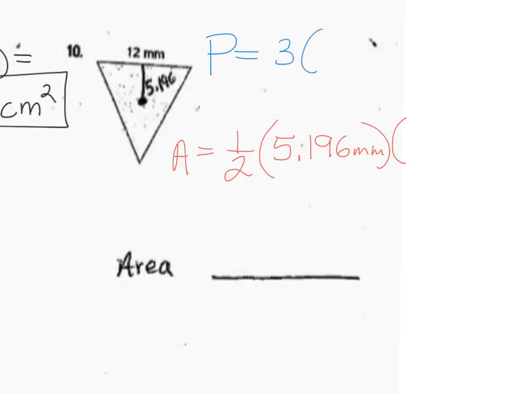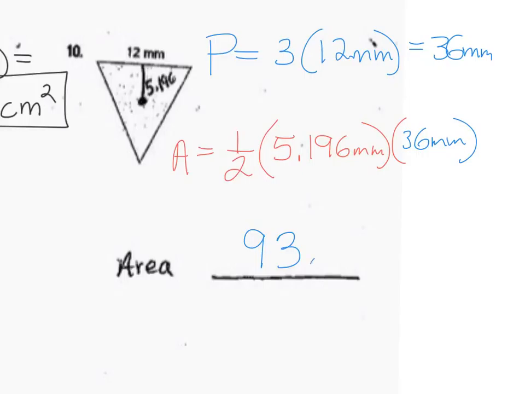It's just 3 times the length of the side. And you're right. That is 36. And that's what the perimeter is. And when you multiply all of that with the calculator, 36 times 0.5 times 5.196. Did you get 93.53? Yes, square millimeters. And that's the answer.